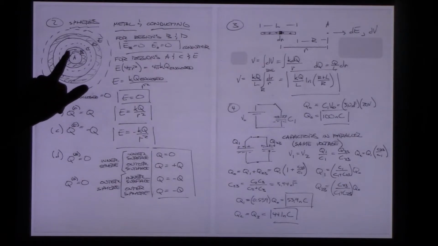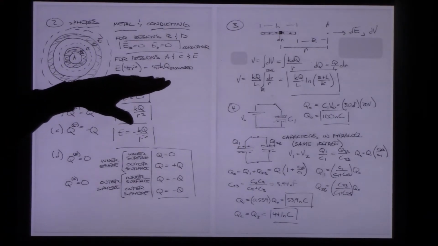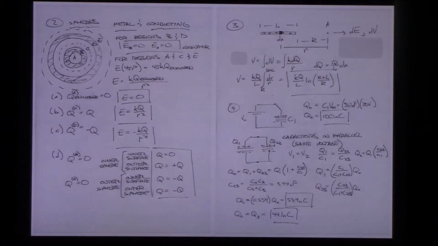For regions A, C, and E, we can use Gauss's law. So there is Gauss's law written down for a sphere, and we've done Gauss's law in enough examples now. The spherical examples are the best, because we don't have to approximate anything. We can get exact formulas for the electric fields in those cases.